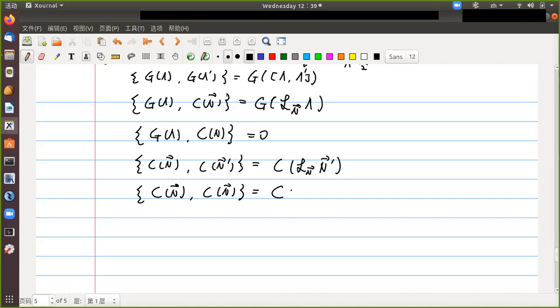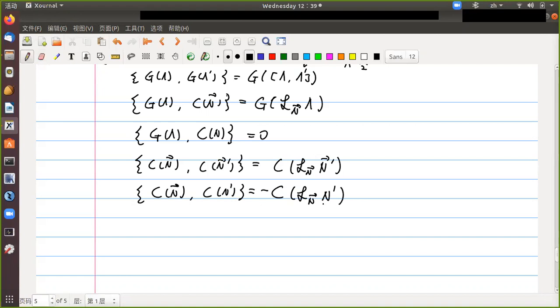The diffeomorphism with the Hamiltonian gives a Hamiltonian. Probably there's a minus, because I put the diffeomorphism constraint in front of the Hamiltonian constraint, so it equals minus the diffeomorphism acting on the Hamiltonian constraint.